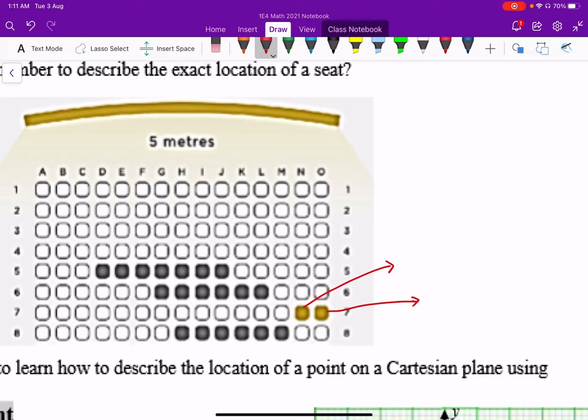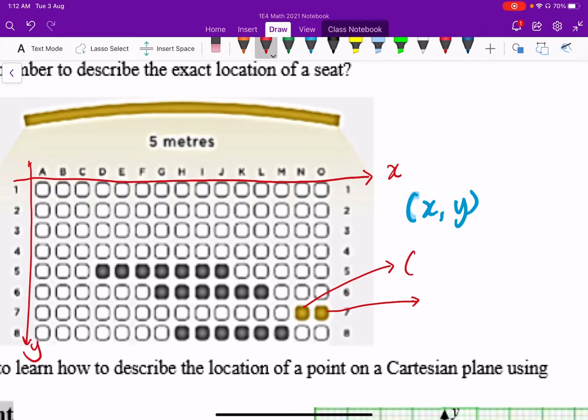This seat, if I follow this horizontal one, is my x-axis, and this, I point it down here, is my y over here. If I follow this, I mentioned that a Cartesian coordinate is always x then y. So in this case, if we follow, this is called N7.